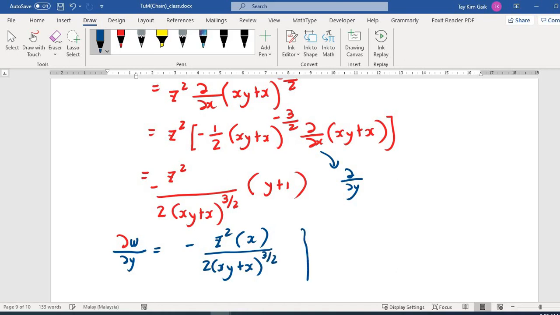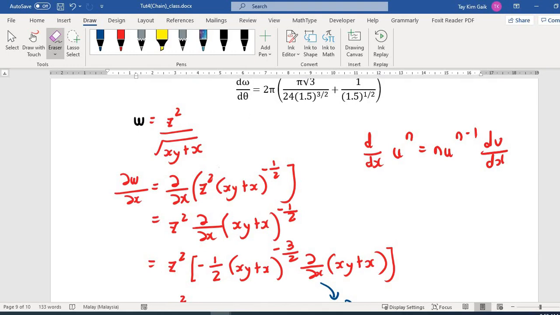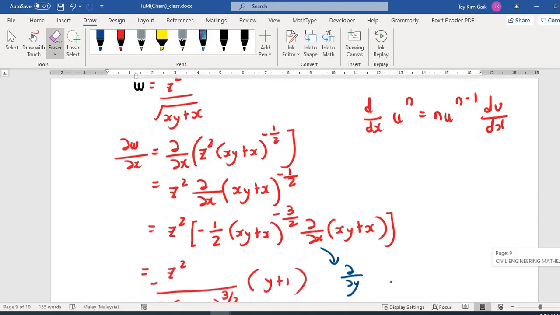So similarly, if you want del w, del z, here change to del z. If del w, del z, okay, 1 over square root of xy plus x is constant.